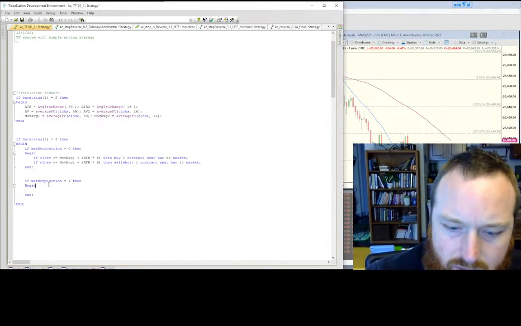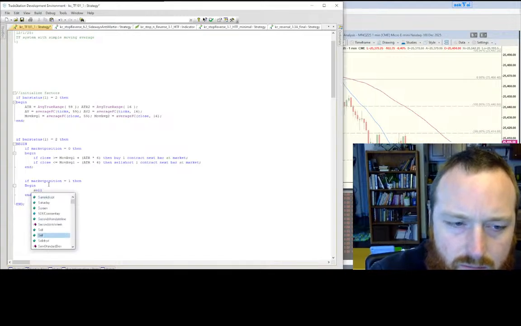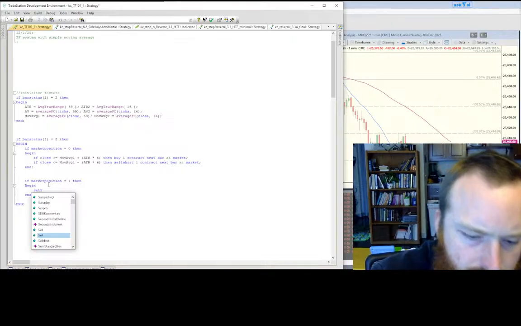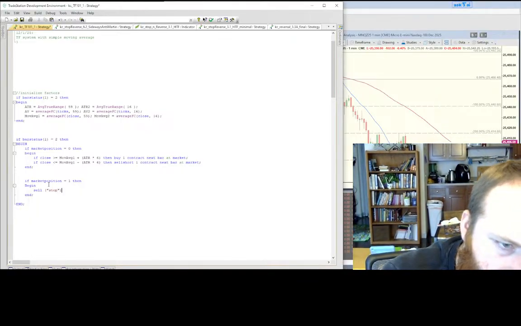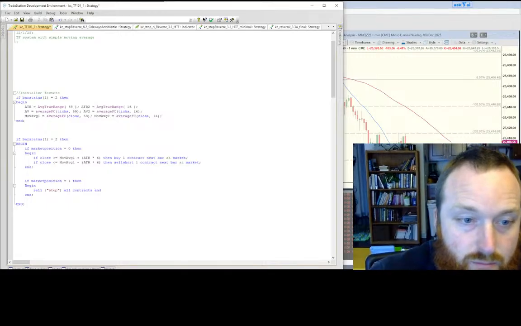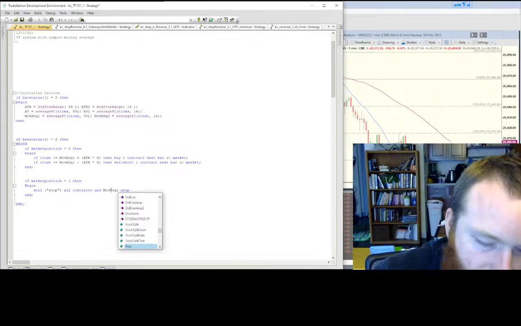So for that reason, I am going to use a stop order. So if I'm long, I'm going to do a sell stop, all contracts at moving average 1 stop price.